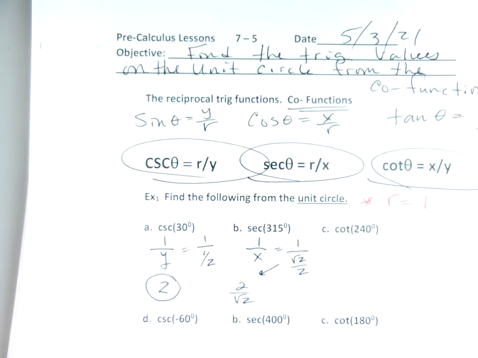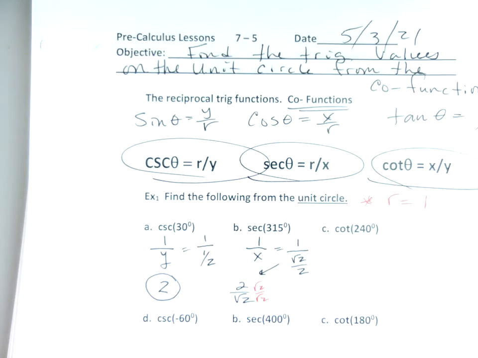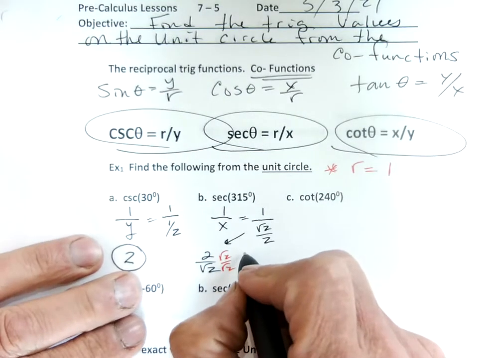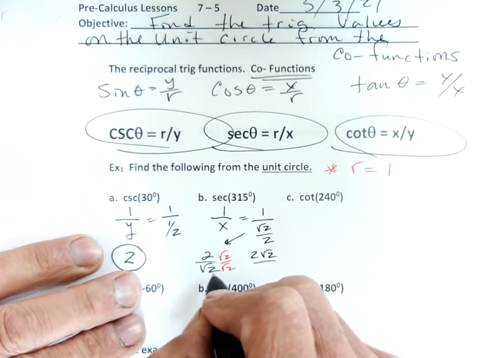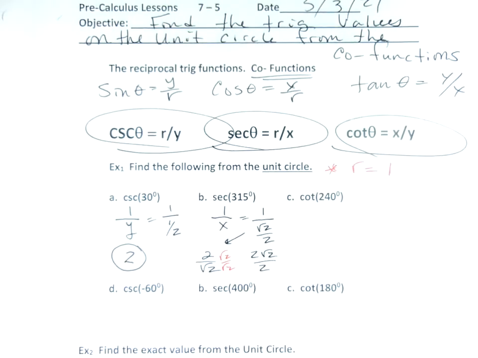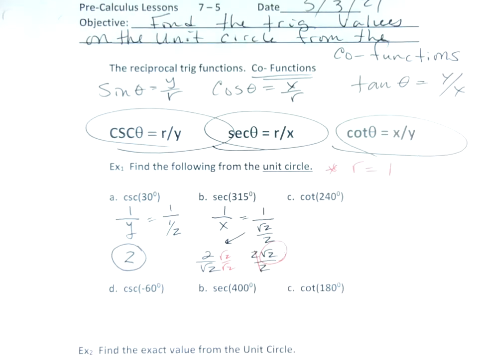Well, that's an ugly answer. So I'm going to try and fix that one. Square root of 2 over square root of 2. It's getting better. I'm going to get 2 square roots of 2 over the square root of 4, which is 2. Now, that's not necessarily an ugly answer. I can cancel my 2's. And there's my answer.